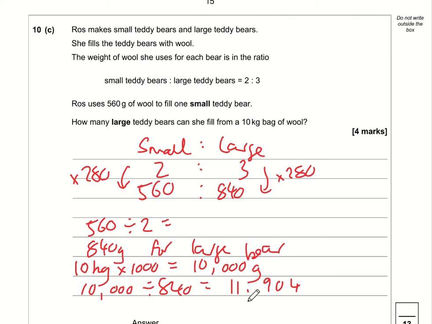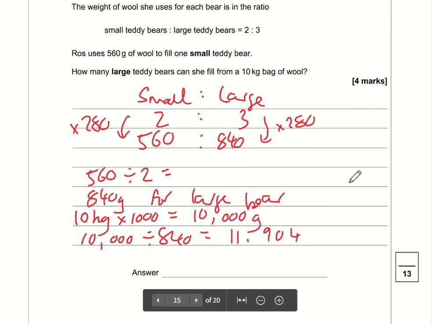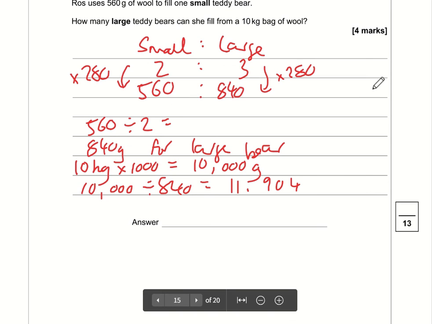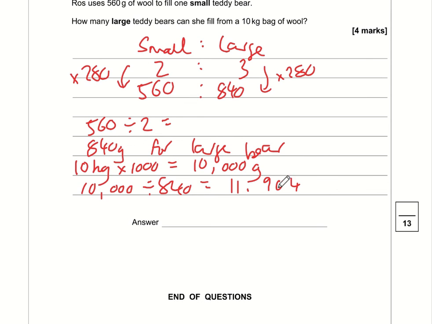11.904. Now, I suspect they've chosen a number that is closer to 12 than 11 to try and tempt you into rounding that up to 12. But when you think about it, we've got enough wool for exactly 11.904 bears. We do not have enough for 12. So presumably we can't make 0.904 of a bear, so we know that we've only got enough wool for 11 bears.